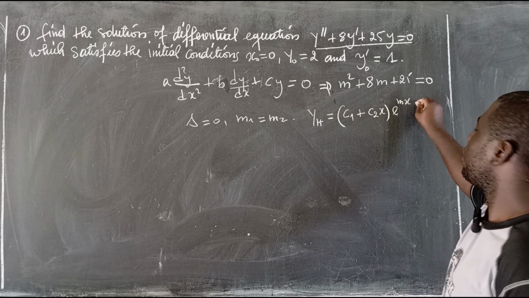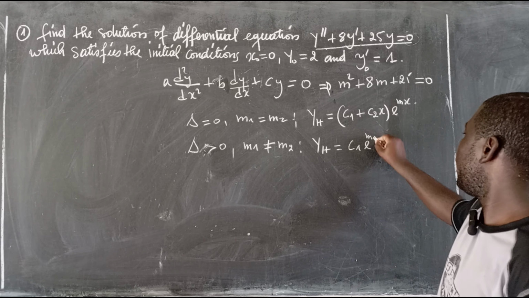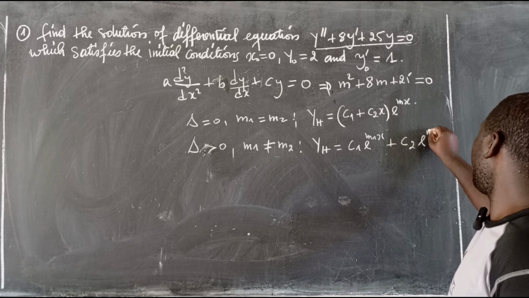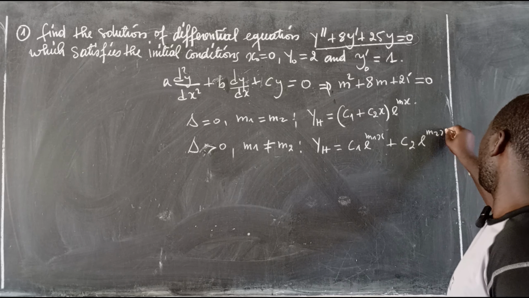But if the determinant is greater than 0, M1 is different from M2 but both are real values, so the homogeneous solution will be C1 e power M1x plus C2 e power M2x.